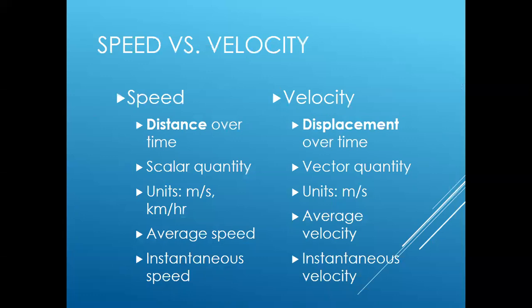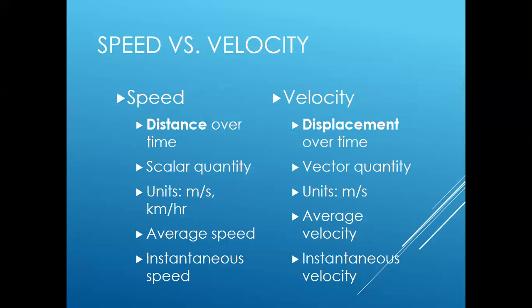Distance versus displacement was the first thing that we used to describe a change in position. Once we start taking time into account, we move into talking about speed and velocity. Speed is distance over time. Velocity is displacement over time.